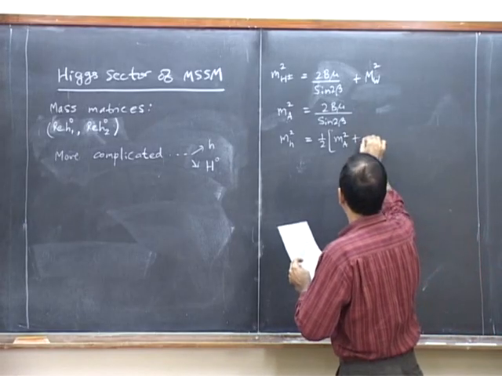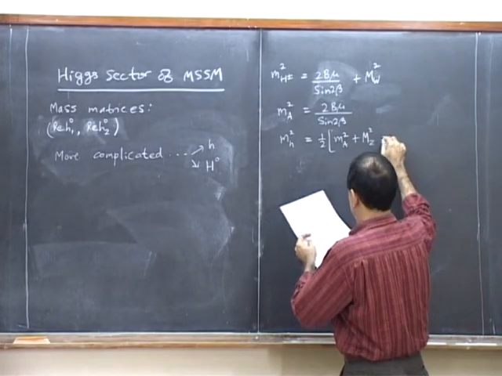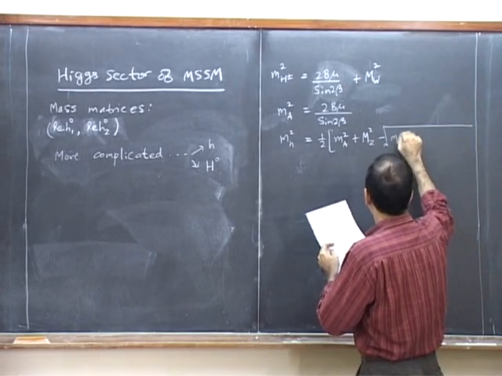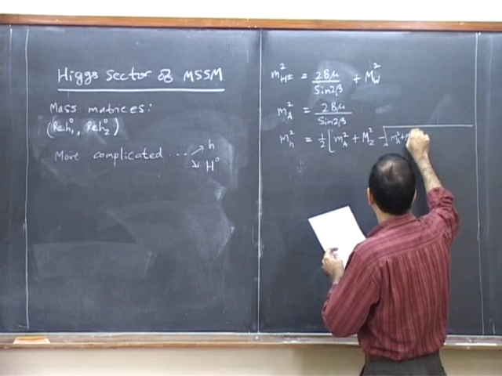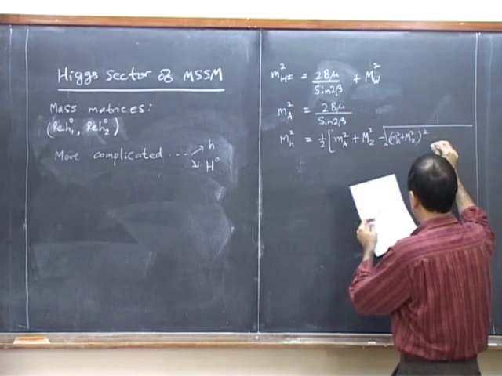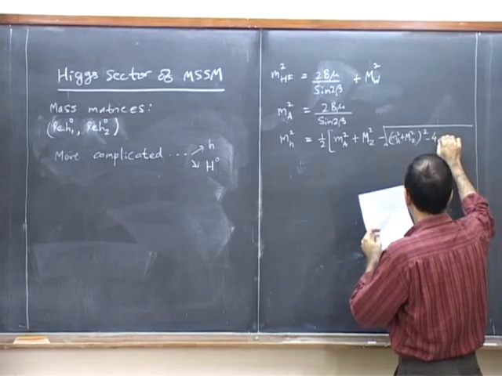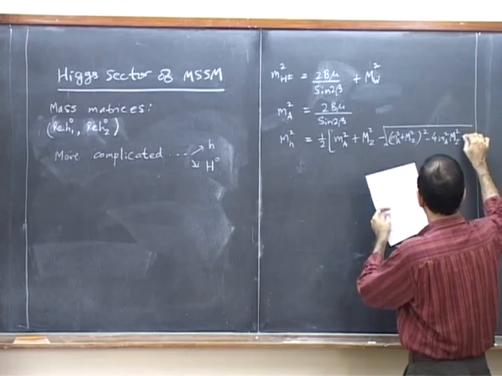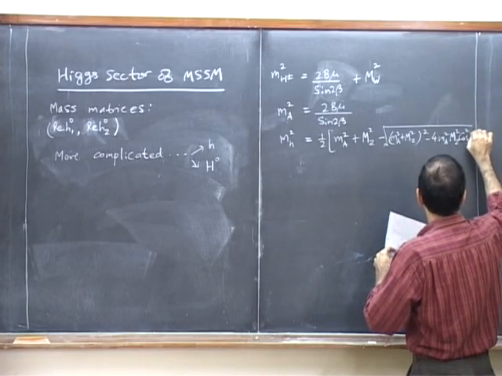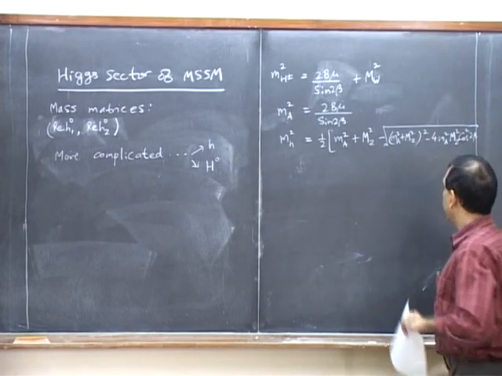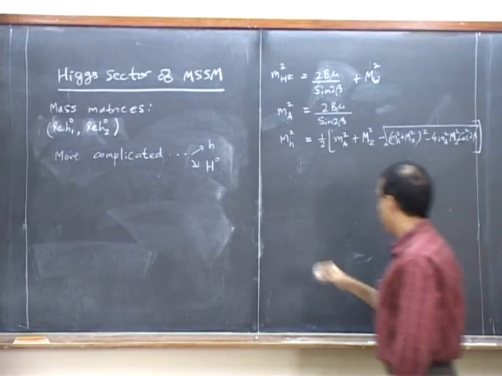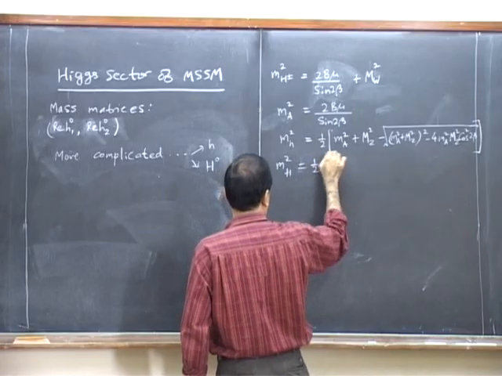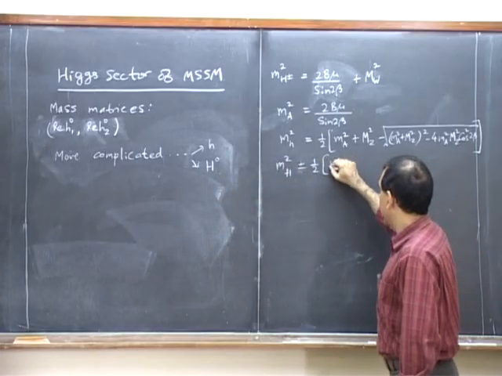So it turns out to be this plus the Z mass squared minus the square root of mA squared plus mZ squared squared minus 4 mA squared mZ squared cos squared 2 beta. And the other one, as you probably guessed already, is the same thing with a plus sign.